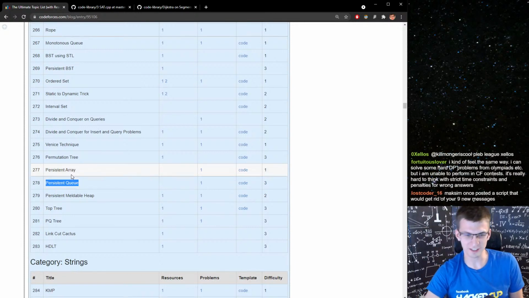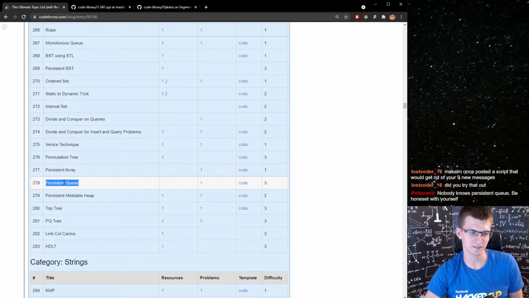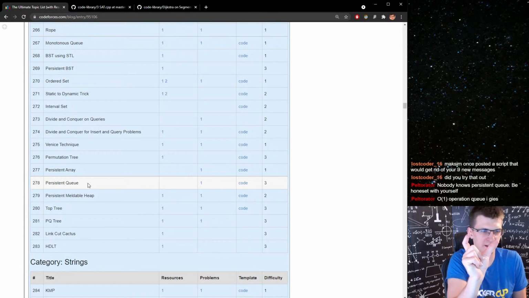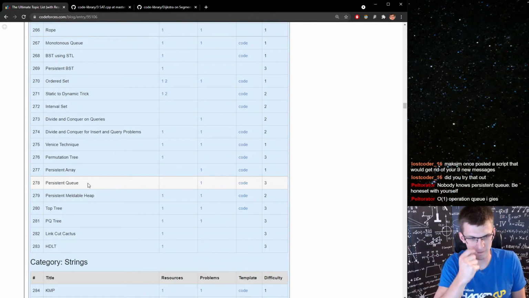I guess if I can implement a persistent array, then a huge array can include a queue, right? No. Nobody knows persistent queue, but if you have a big enough array, then the queue will be some part of it, like an interval going through. So doesn't it boil down to a persistent array then?